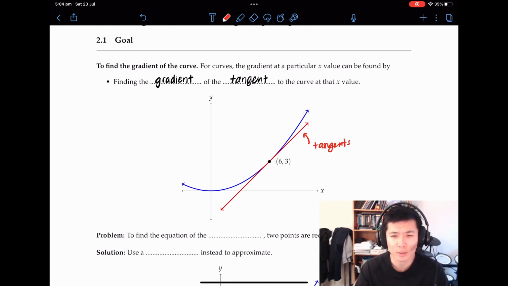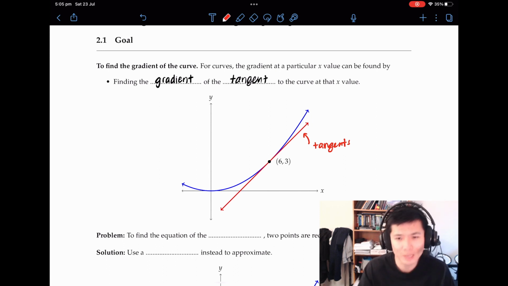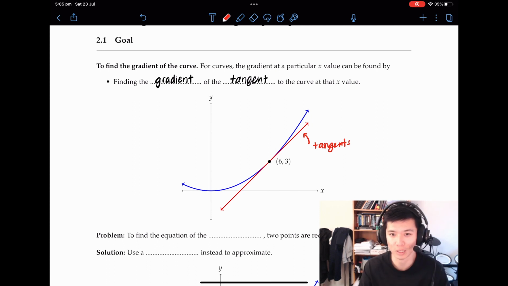And of course, you know that in order to find the gradient of a tangent or a straight line, we need 2 points, don't we? Because if you think about the gradient formula, it's y2 minus y1 over x2 minus x1. We need 2 points for that, but unfortunately we only know 1 point, which is the point where it touches, right?